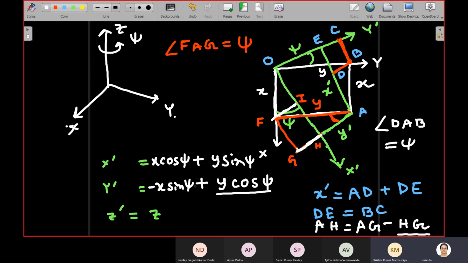Correct? So if we have found both x prime and y prime, now we can put this in matrix form, correct? And that will be the coordinate transformation matrix for psi rotation.